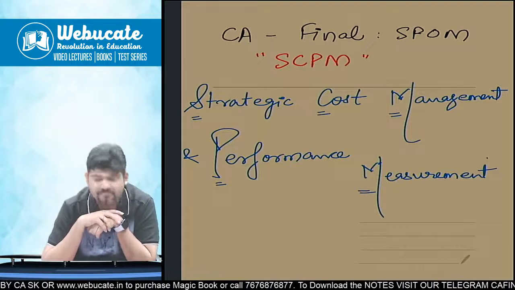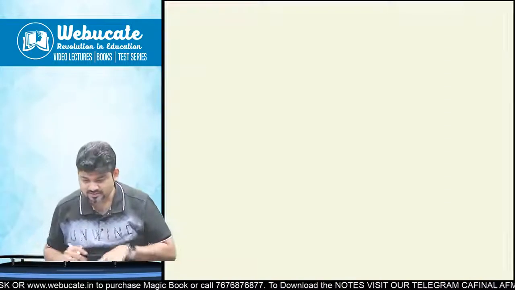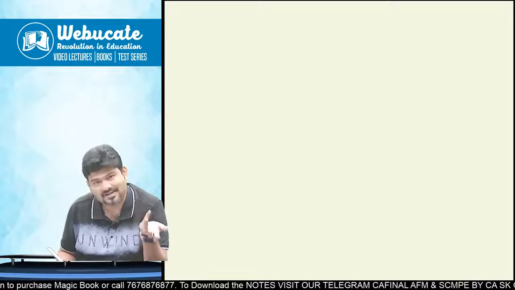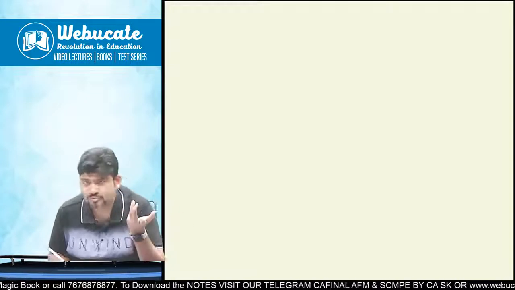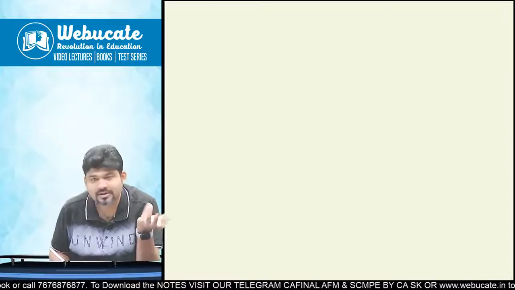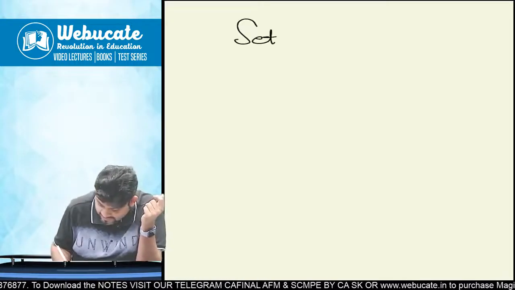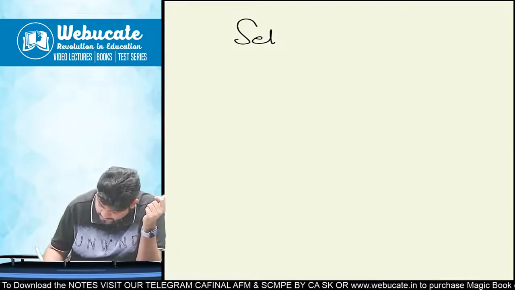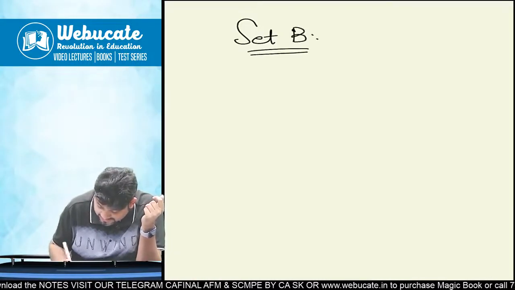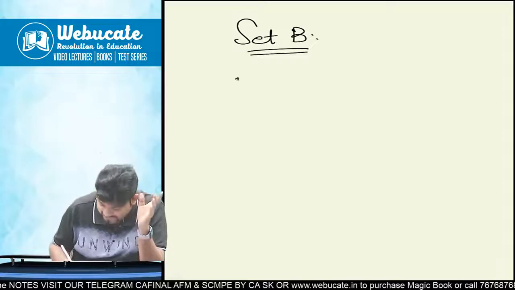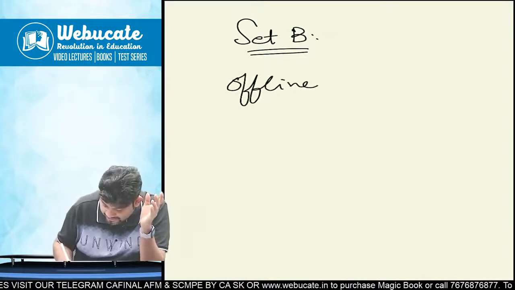Now, obviously, we know that this is a part of self-paced online module. So before giving the main core CA final examinations, you have to clear this exam. But only the May 24 students were exempted from this category, and they were allowed to give it after exams as well. So here we have the set B examinations, and this will be an offline exam.